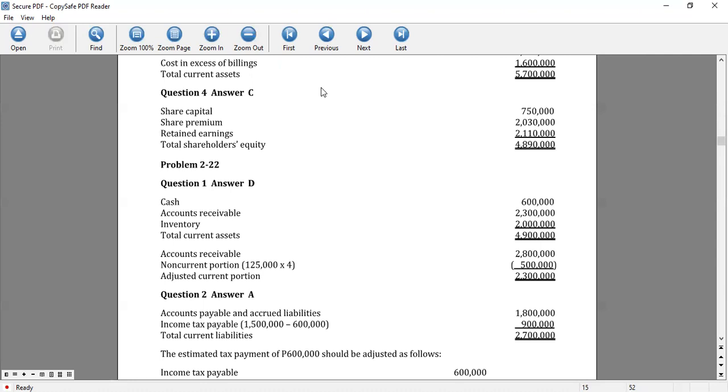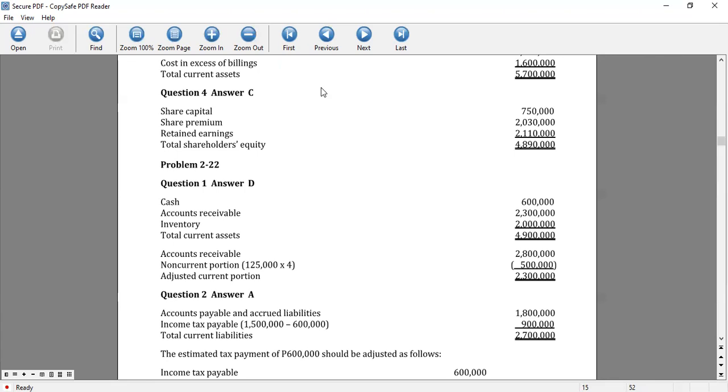Therefore, 2,800,000, the given amount, we deduct 500,000. So the difference is accounts receivable of 2,300,000. Now, because there are quarterly payments which are made.